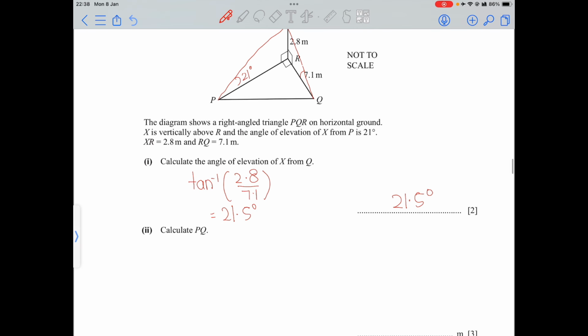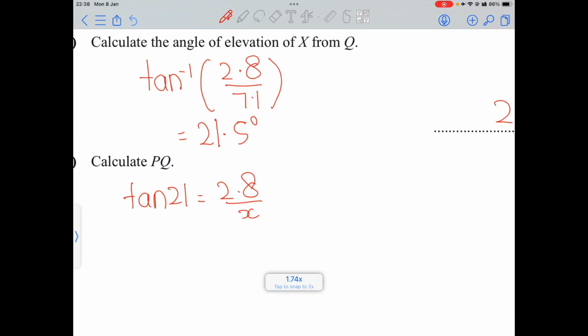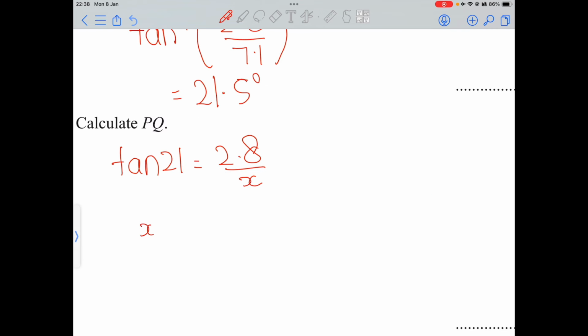Now to find PQ, first of all you need to find PR. Tan 21 is the opposite over the adjacent, so PR equals 2.8 divided by tan 21.